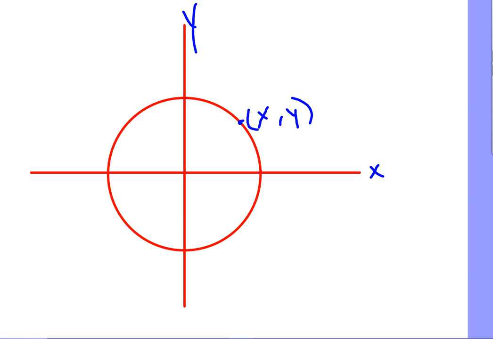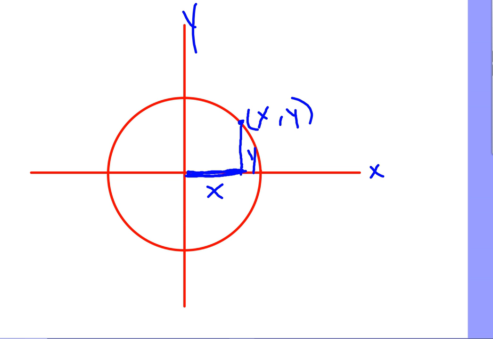The distance from this point to the x-axis is a value of y, and the distance from the origin is whatever that x value actually was.